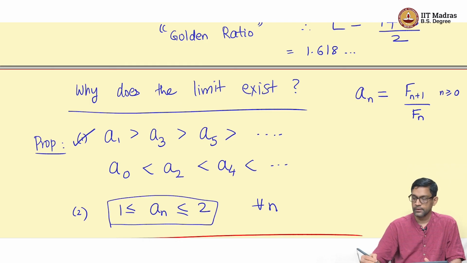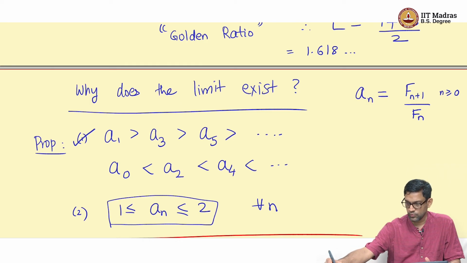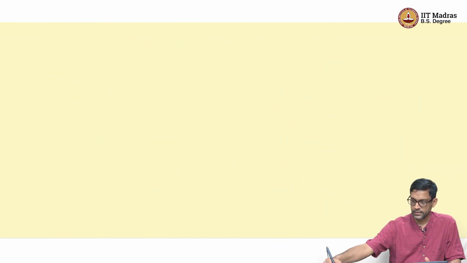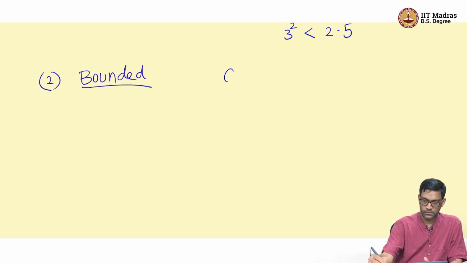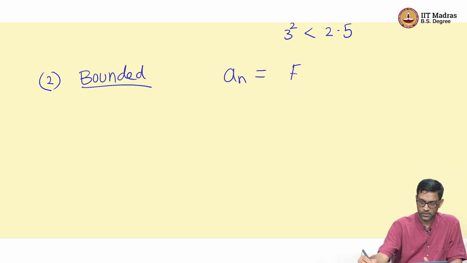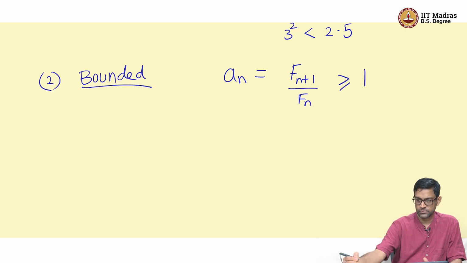An is bounded. An lies between 1 and 2. So what is An? This is the boundedness of An. An was Fn plus 1 over Fn. Of course the n plus 1th Fibonacci number is more than the nth one, so this is strictly greater than 1.